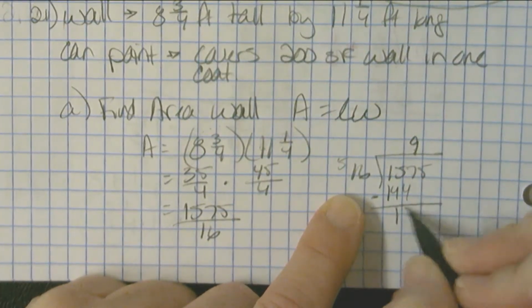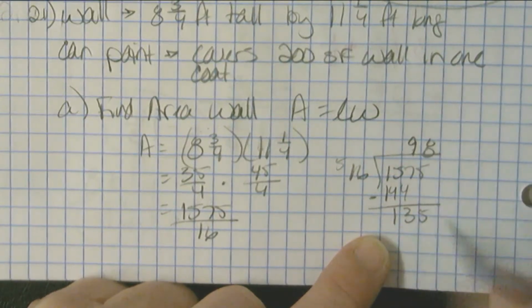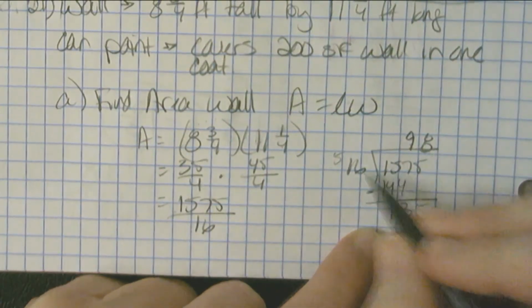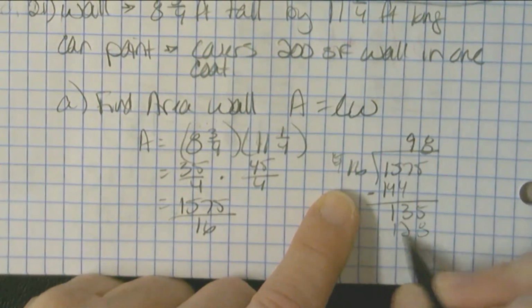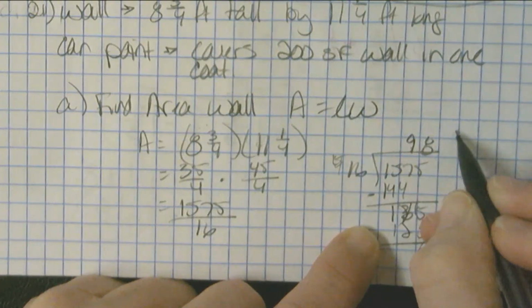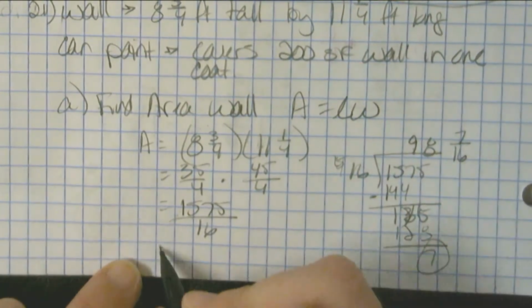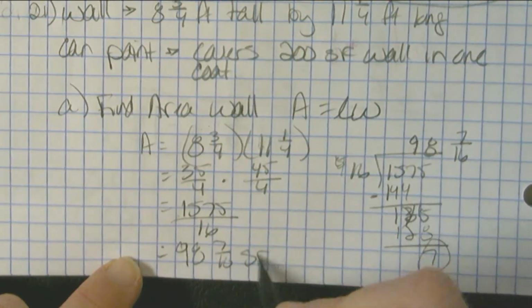So that's 1, 3, bring down that 5. Well, we know that's got to probably be 8. All right, so that's going to be 48. Carry the 4, that's 12. That's 7. So this is 98 7/16. So I have 98 7/16 square feet.